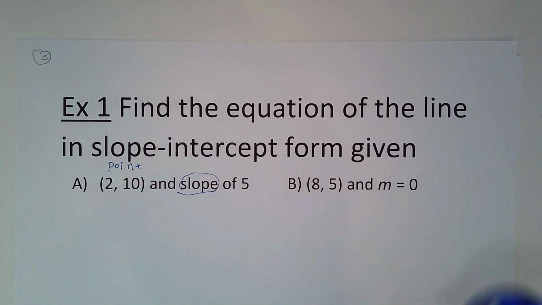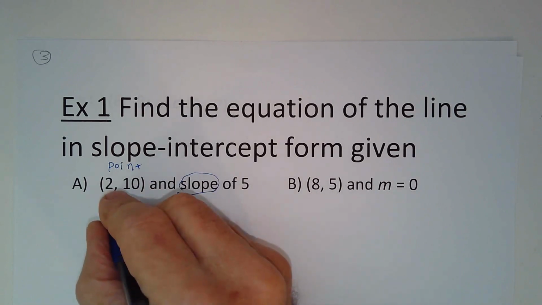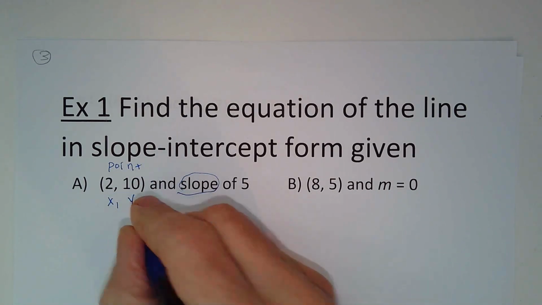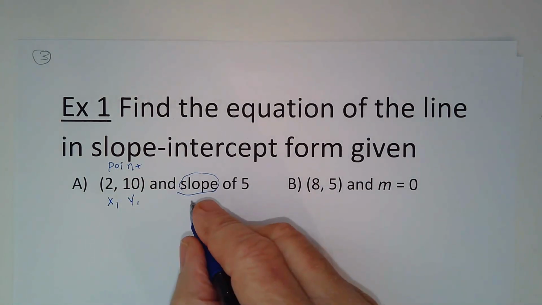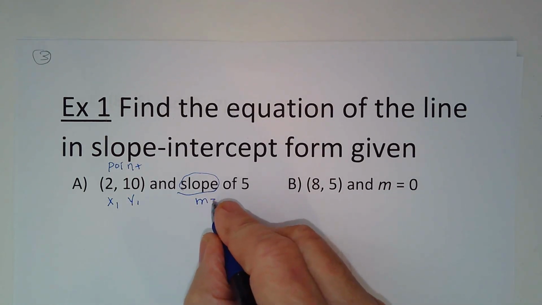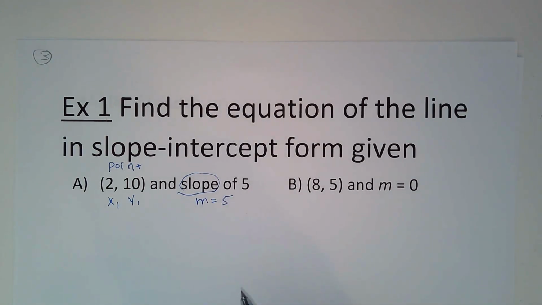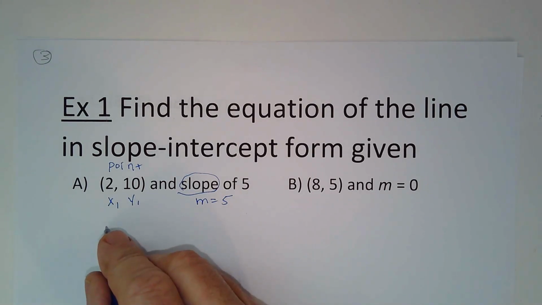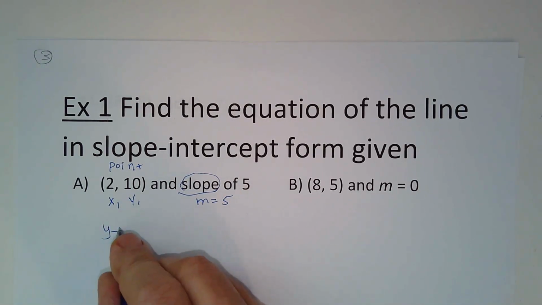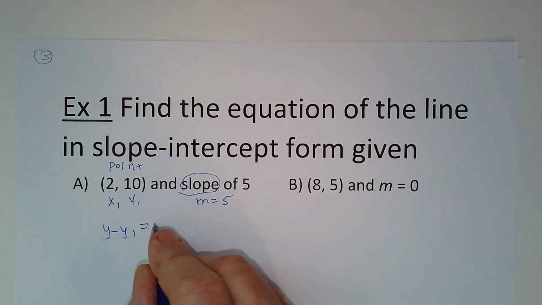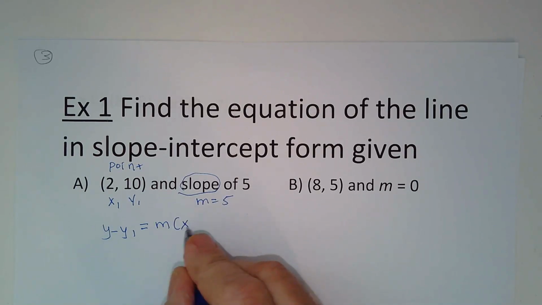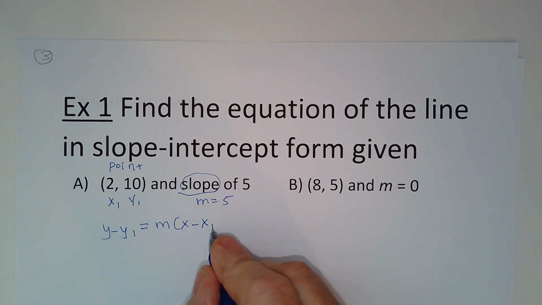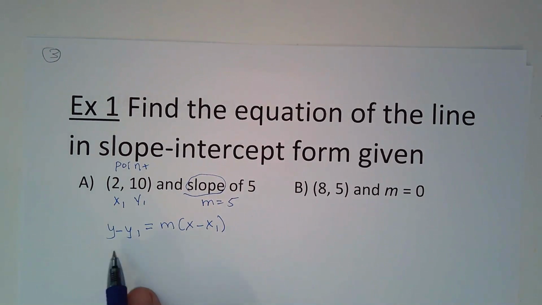And this is going to be your x1 and your y1 in your formula, and your slope in this case is m equals 5. So we're going to just write this up as y minus y1 equals m times x minus x1. And then you're going to substitute the coordinates of your point for your x1 and your y1 here, and then your slope you're going to put in here where m is.